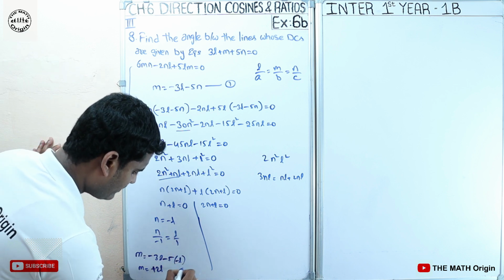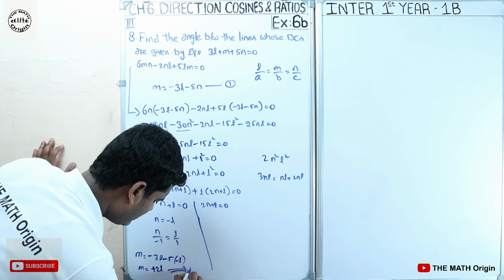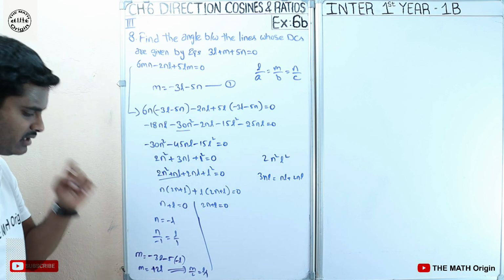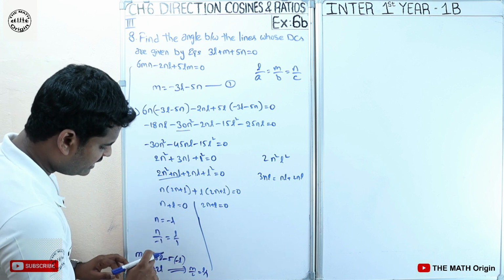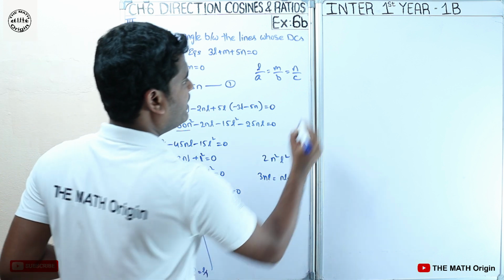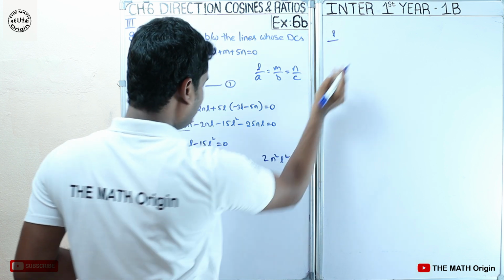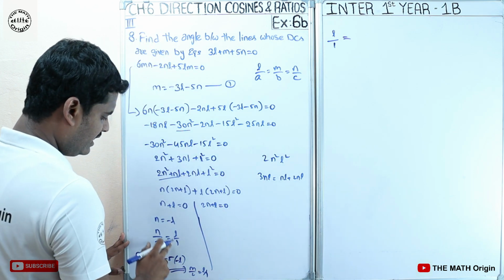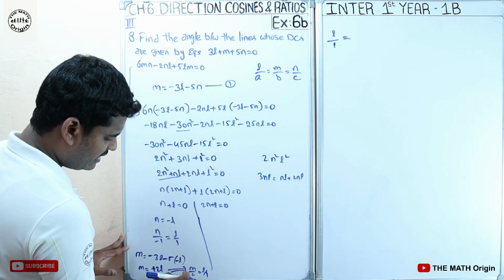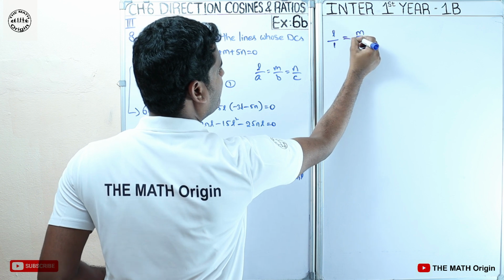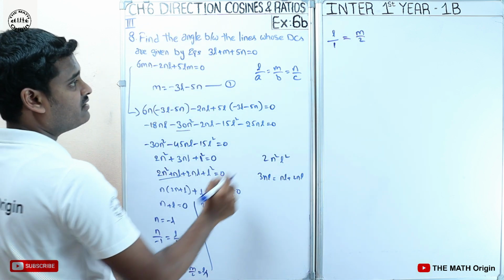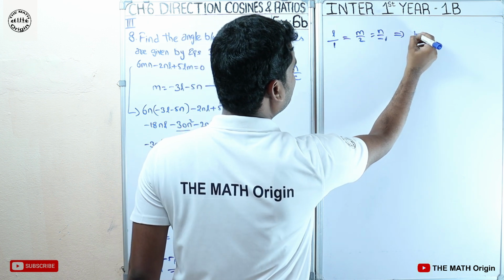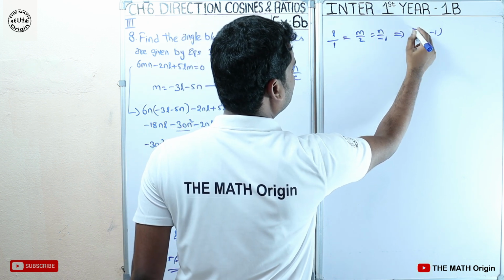So from this it will be m by 2 is equals to l by 1. So from this we will get l by 1 is equals to m by 2 and n by minus 1. Therefore the values of abc are 1, 2, minus 1.